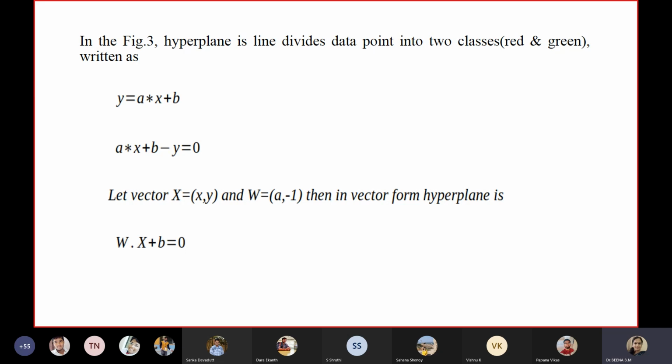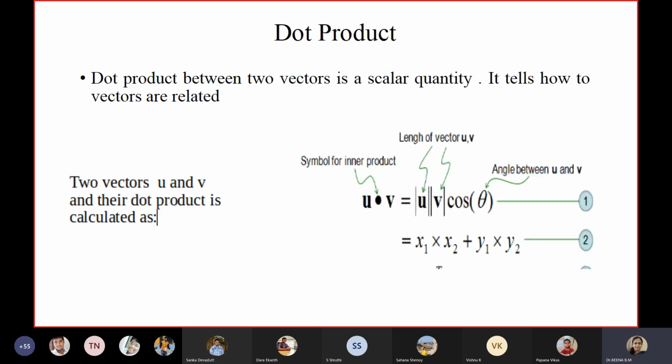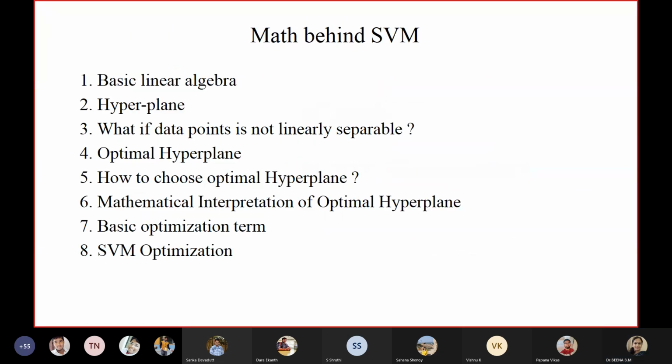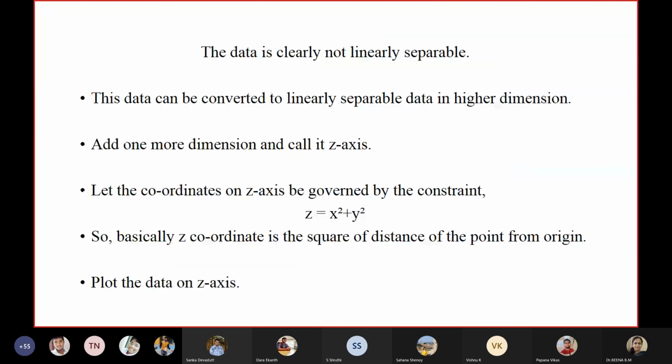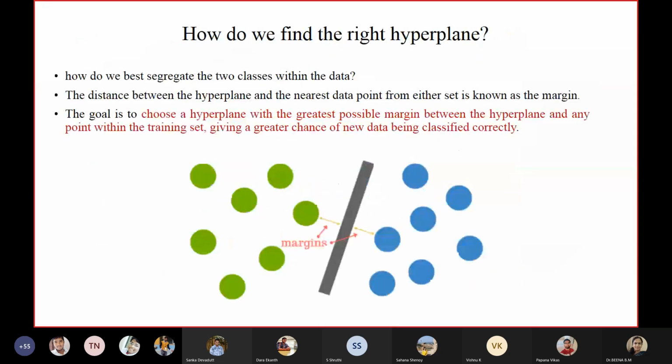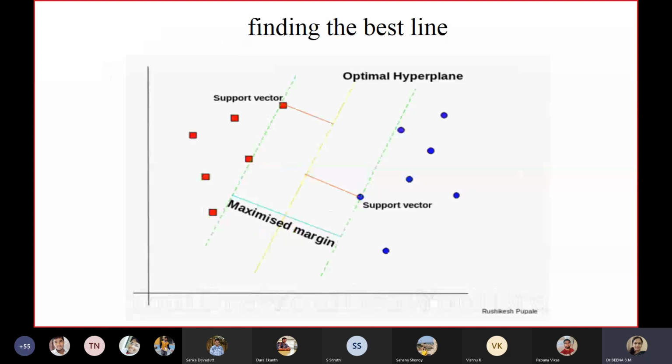So they should be identified as the closest data points. Here I'll go back to the previous slide. Yes, in this, these are the vectors, right? Support vectors, support vector 1 and 2.